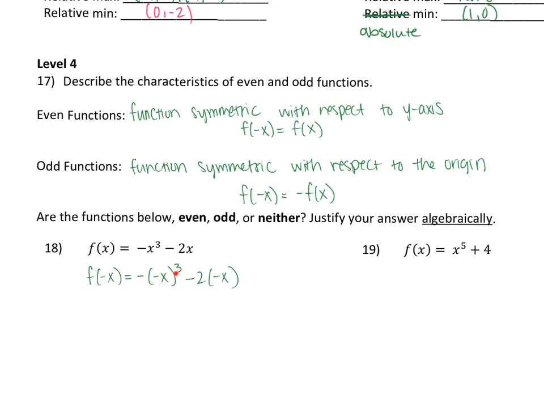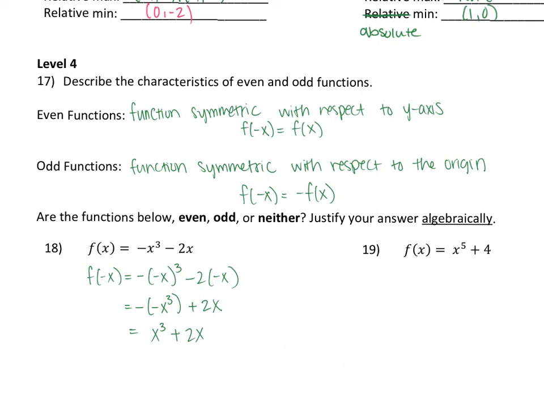Now when we cube something and there's a negative inside, it still forces it to be negative. So there's basically 2 negatives, x to the third. And then that would be a positive 2x because there are 2 negatives, so that will become a positive. So that's going to be a positive x cubed plus 2x.